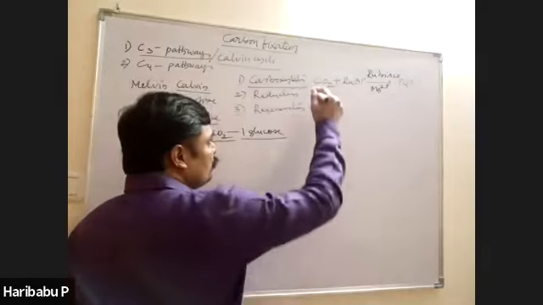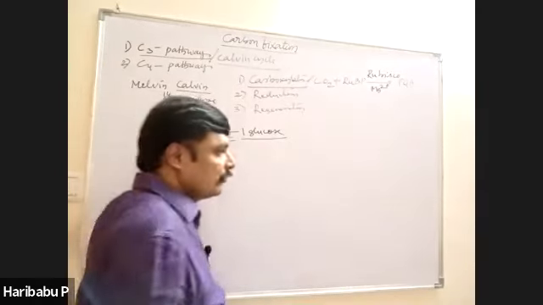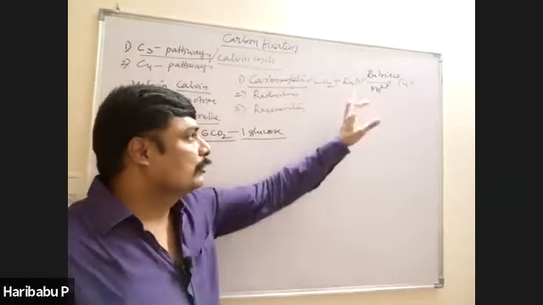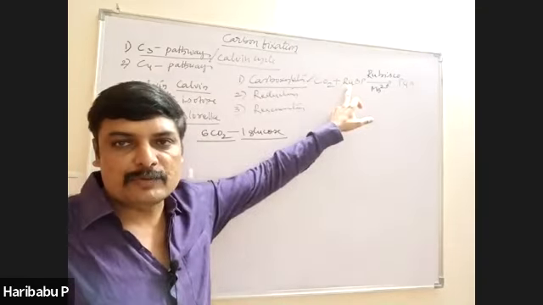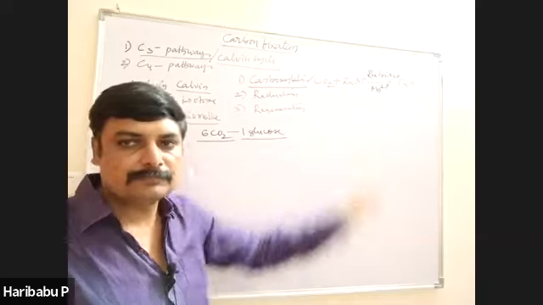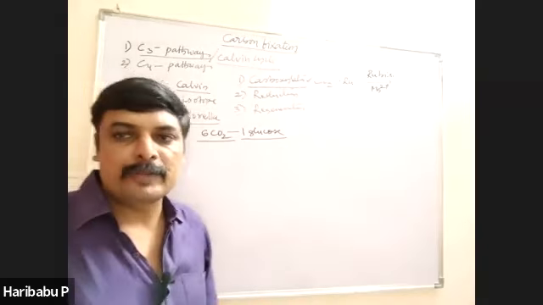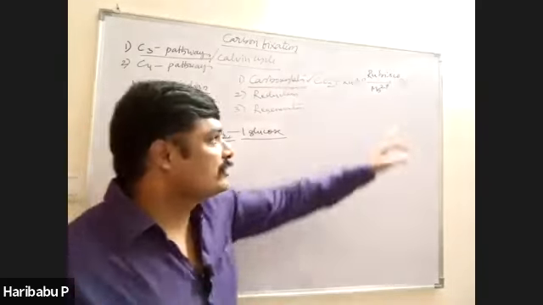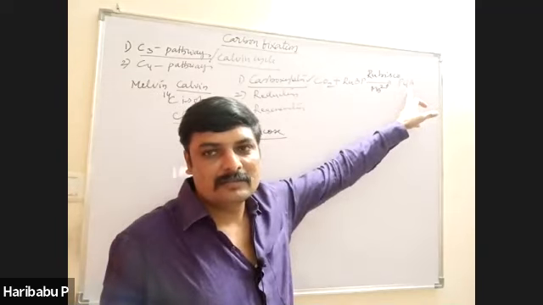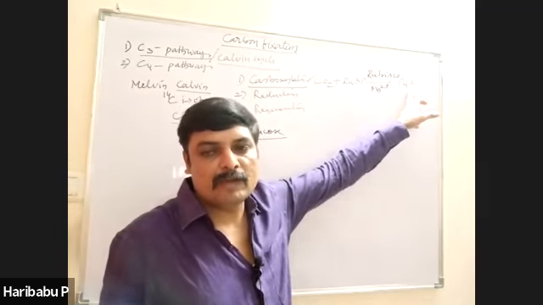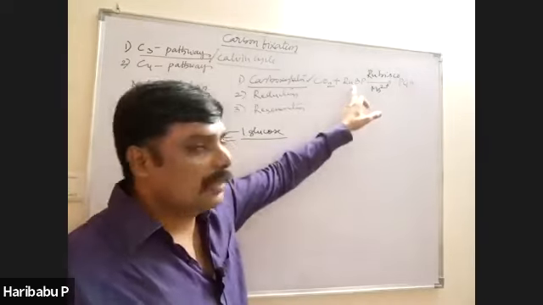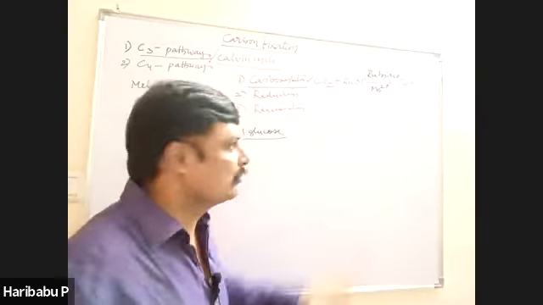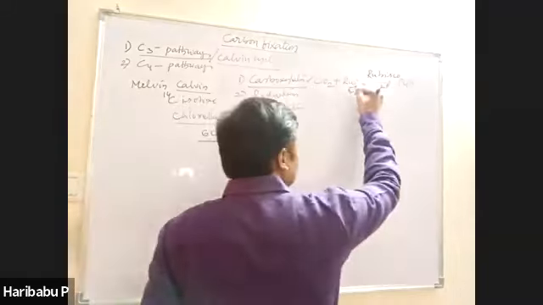Now here 2 important bits are there as per NEET. Totally 4. Primary acceptor of CO2 in C3 plants, RUBP. First stable product, PGA, phosphoglyceric acid. Number of carbons in the primary acceptor, 5 carbons.